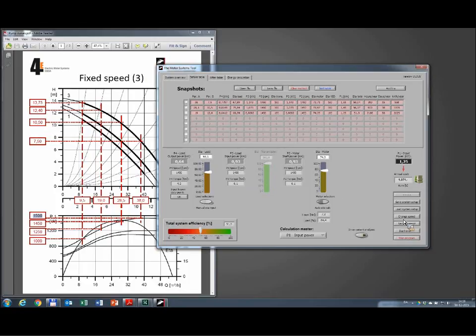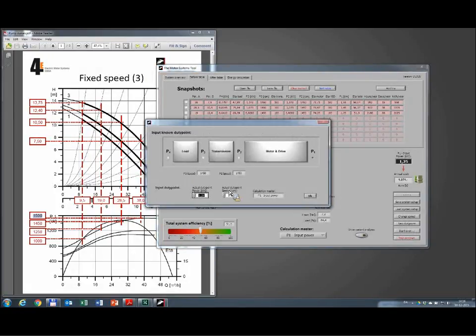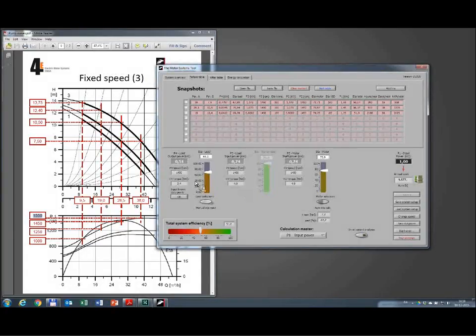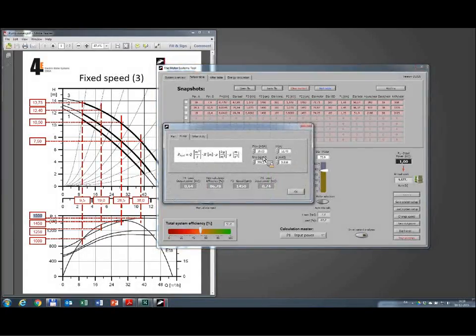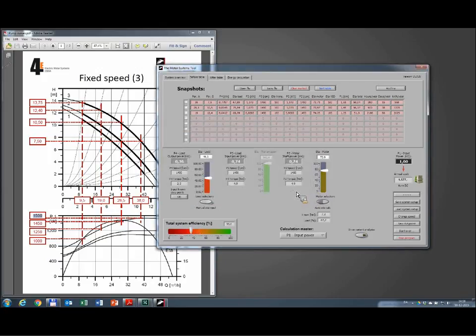And for the final duty point, we have an input power of 1 kilowatt, and the hydraulic output of the fourth point is a head of 13.75 and a flow of 9.5, and we have the new efficiency, and this is the fourth duty point.